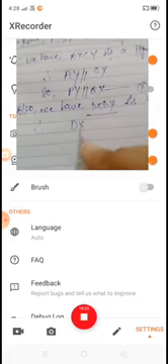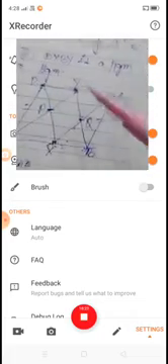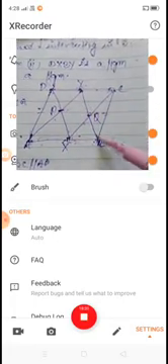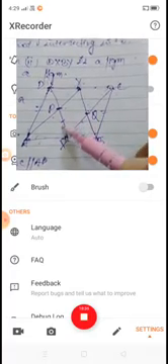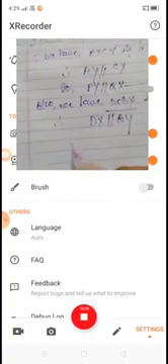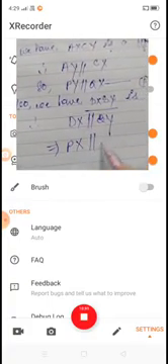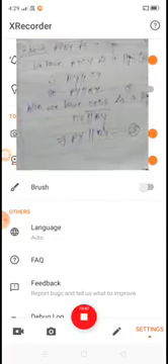Since DX is parallel to BY, from the figure we can write PX also parallel to QY. Take this as equation number 2.